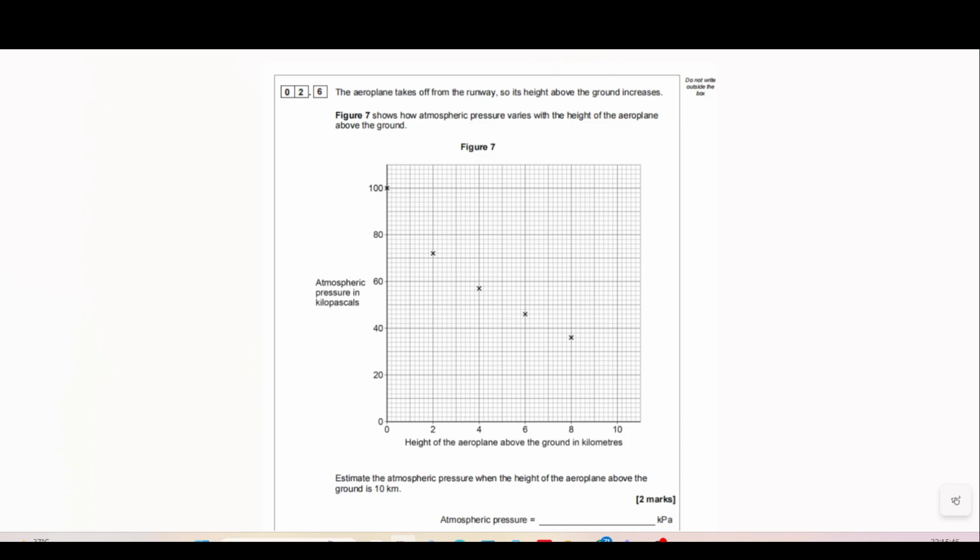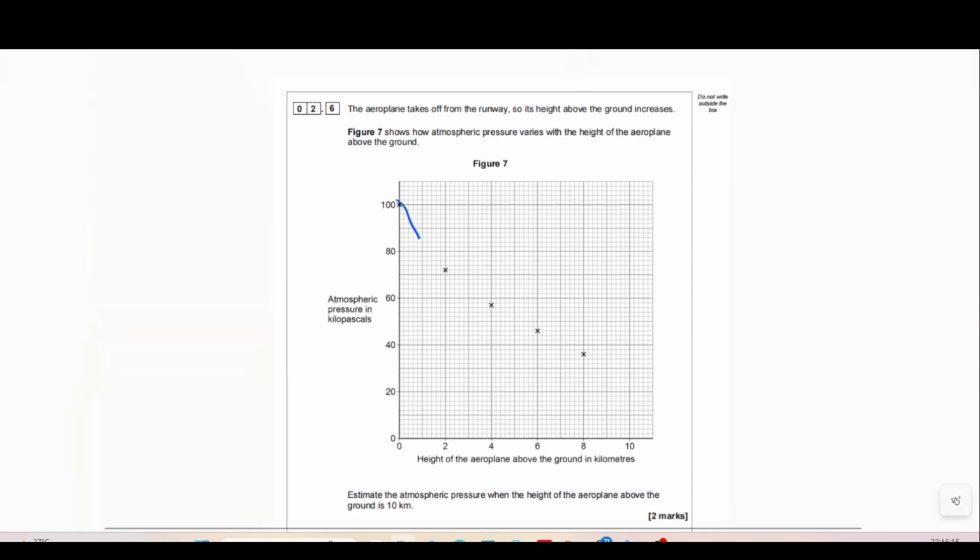To estimate the value, we need to draw a smooth curve that passes near all the plotted crosses, whatever marks are given. Since atmospheric pressure decreases exponentially with height, the line should be a slight curve, okay? It will go like this.